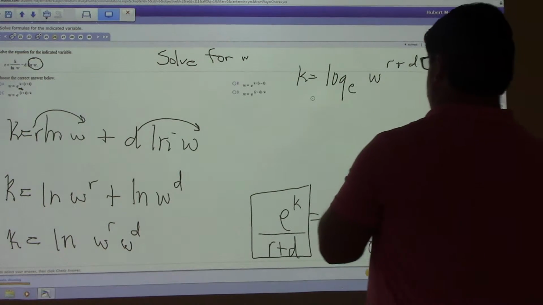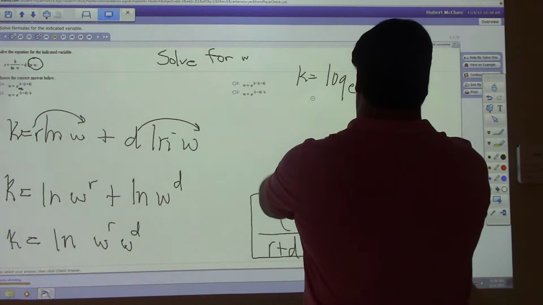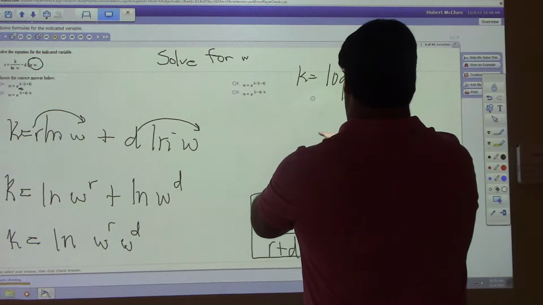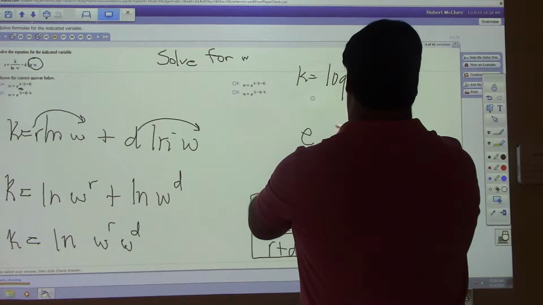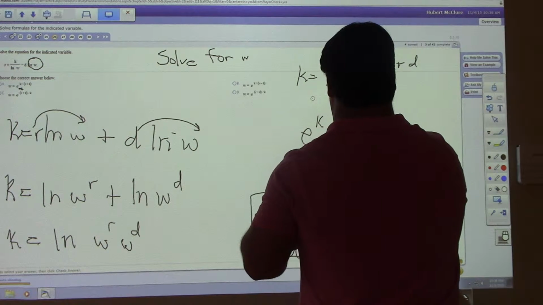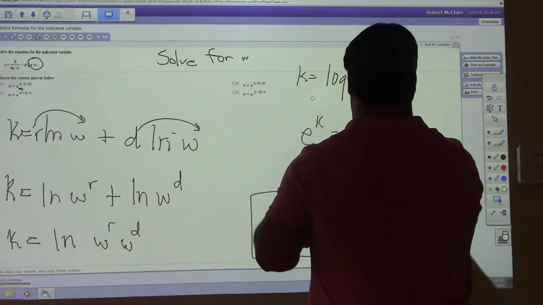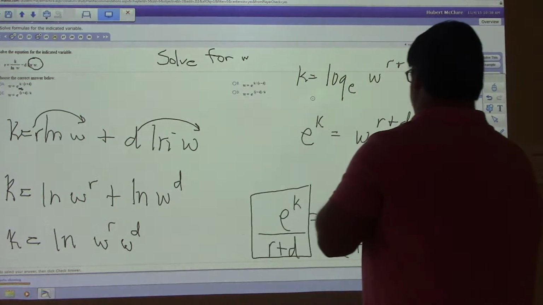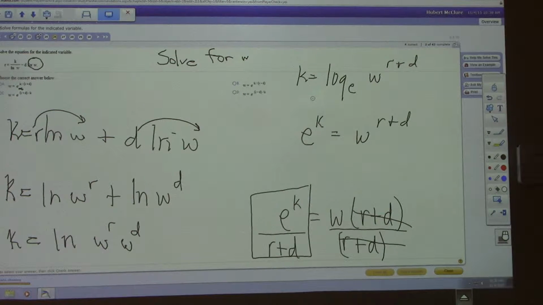So, help me out. This will be A, E to the K, E to the K is equal to W to the R plus D. Take the natural log of both sides.